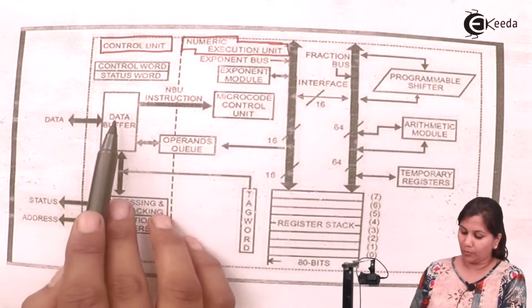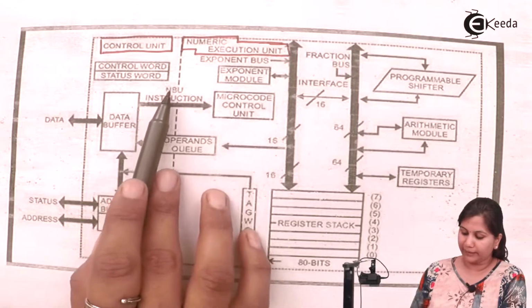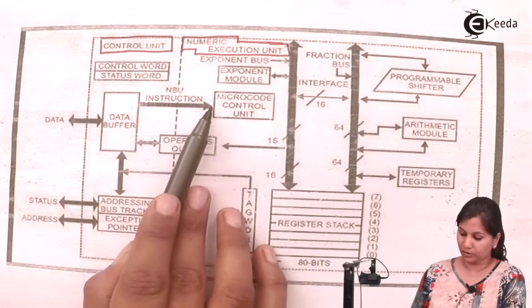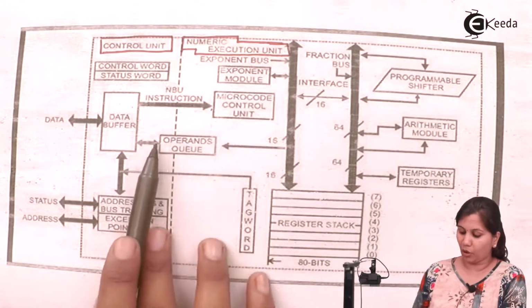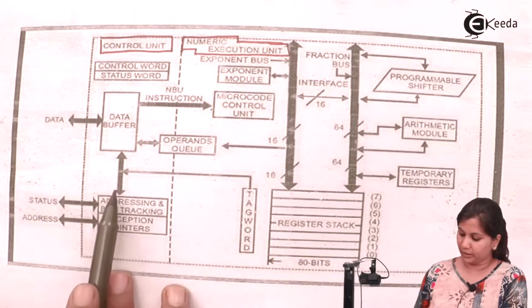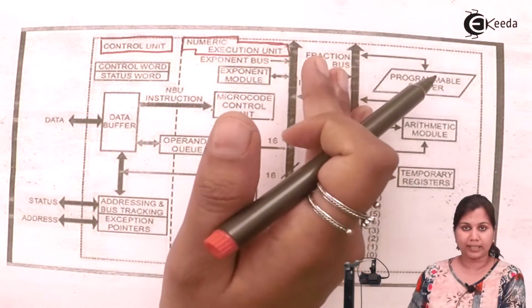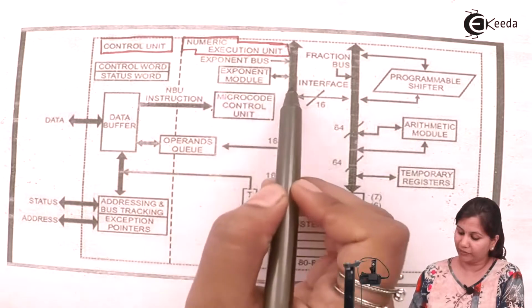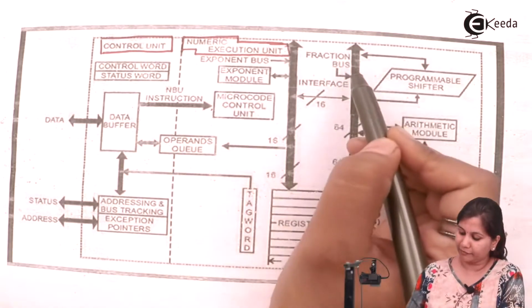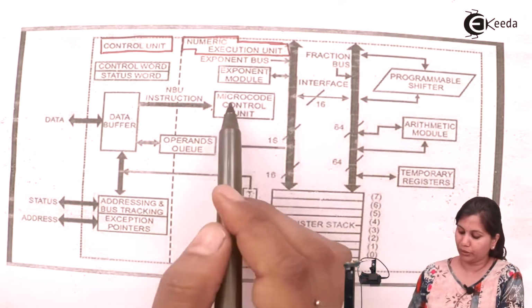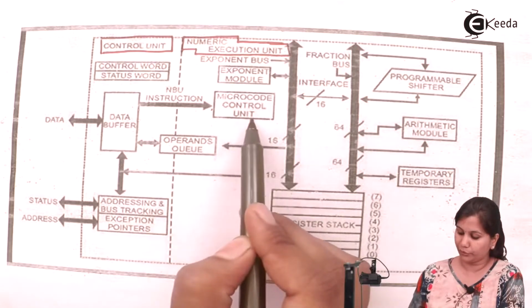Okay. Now this data buffer is providing the instruction. Okay. Here we have the operands queue. Then here we have the tag word. Now in the numeric execution unit, we have the exponent bus, the fraction bus, exponent module, microcode control unit.